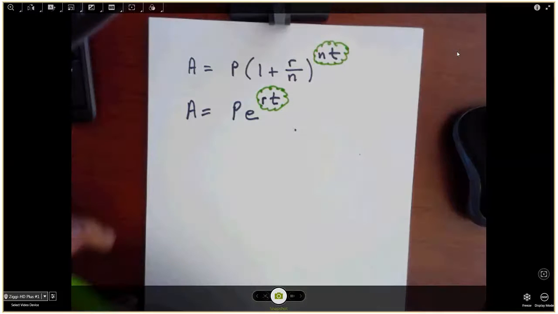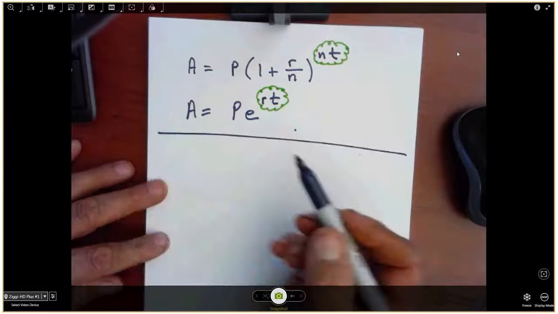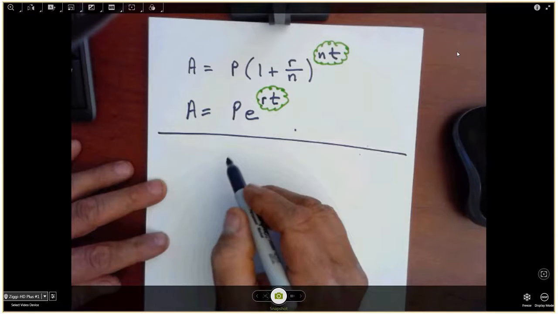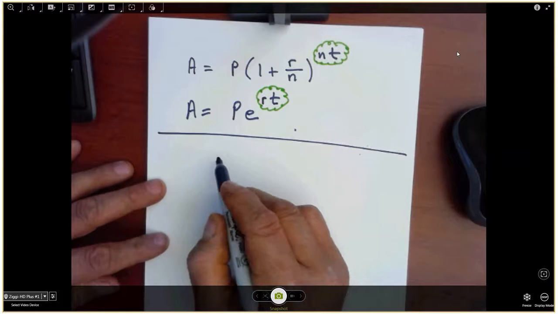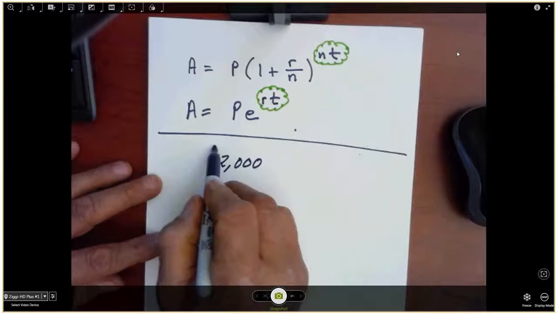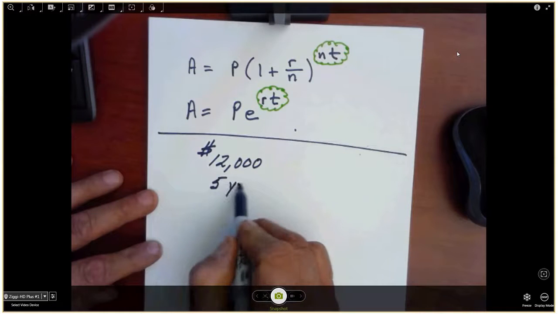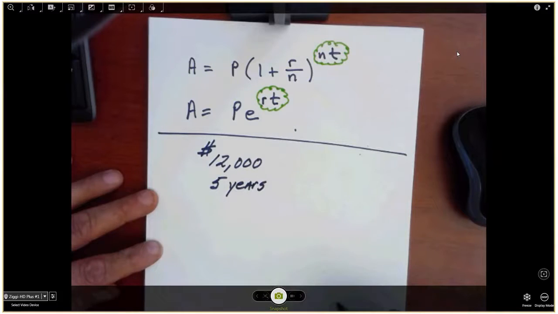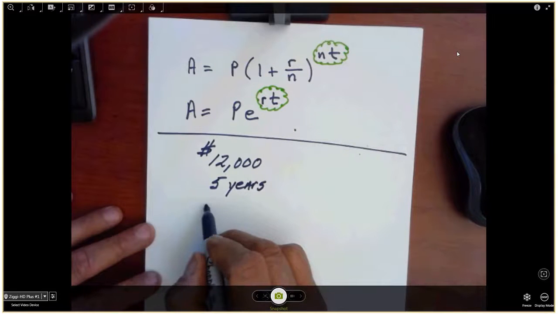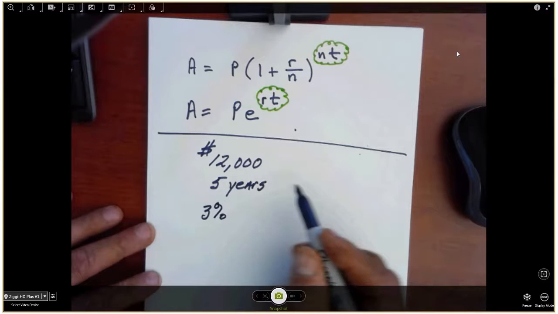So if you take, and get your calculators out, let's say you come into $12,000. And you want to put it in the bank for 5 years in some kind of savings account, and they're going to pay you, well, let's go with something simple, 3% interest, which is still low.